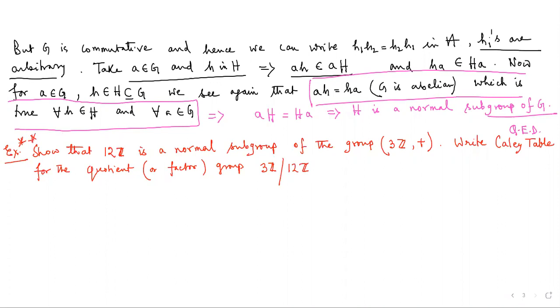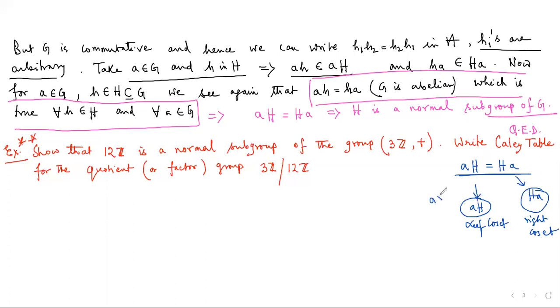And remember one thing, I told you this earlier, but again I'm trying to remind you: whenever I define AH, the left coset, and HA to be the right coset, we are actually considering A star H, simply written as AH, and H star A. So in between A and H there is a composition.